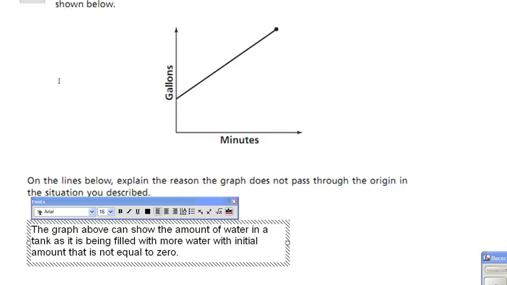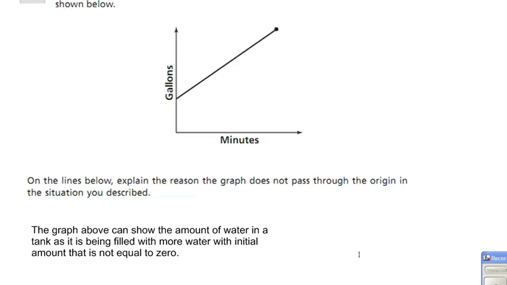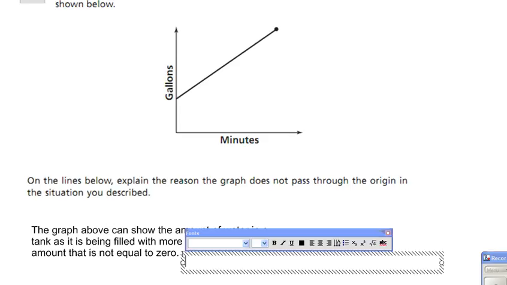Now, as you can see here, it just keeps on going on. Now, explain the reasoning after the origin.